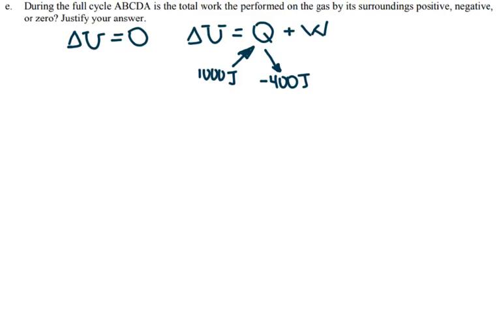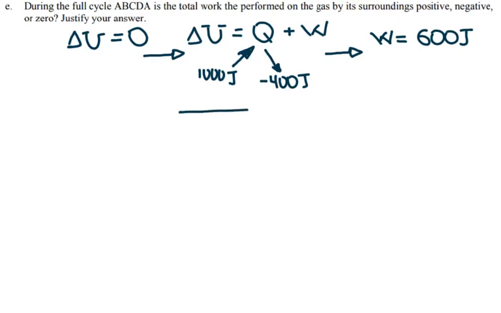So the work done by the gas is equal to 600 joules. But the work done by the gas on the surrounding is 600 joules.